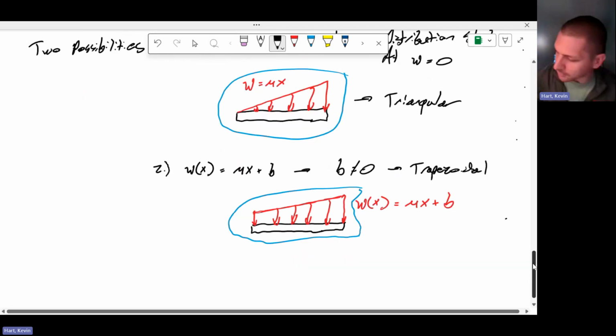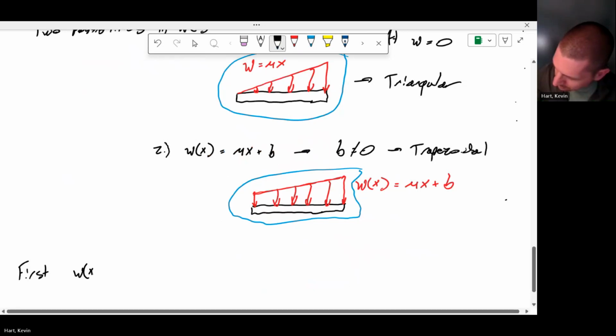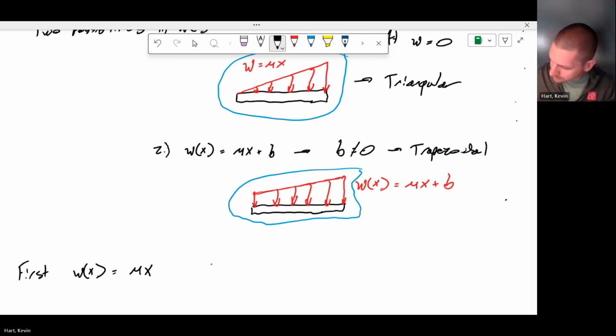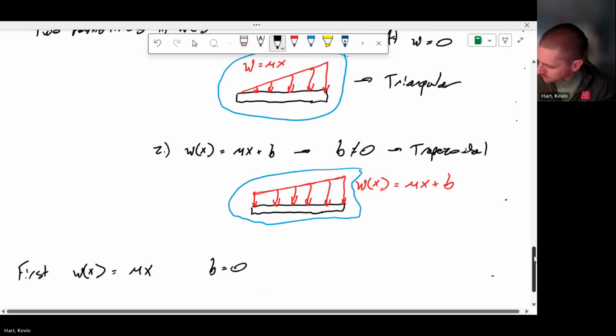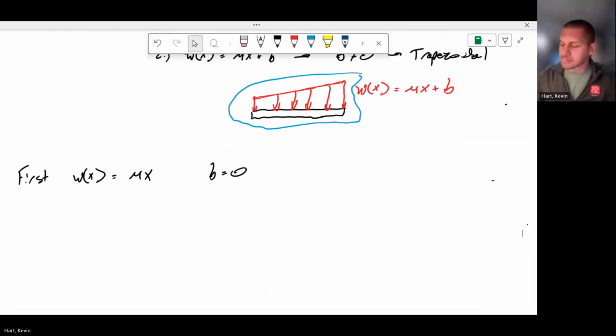Okay, so first, a case where b is equal to 0. Let's do a sketch.